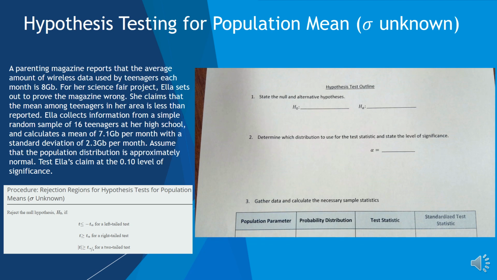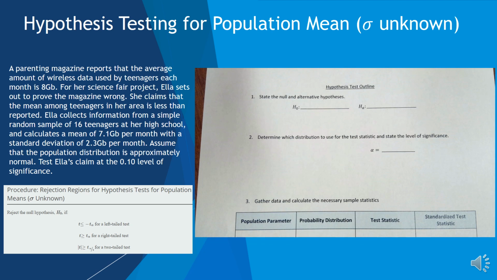Assume the population distribution is approximately normal. Test Ella's claim at the 0.10 level of significance. Again our level of significance is 0.10. That's just a coincidence. It's not always going to be 0.10.